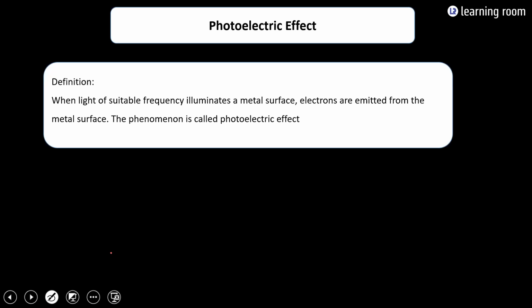Yes. Now comes the main context, you can start writing this. The first effect which we are going to talk about is the photoelectric effect.